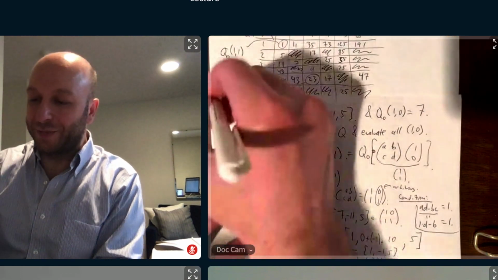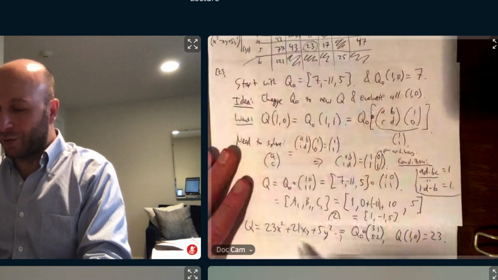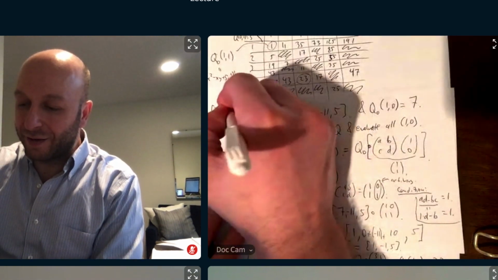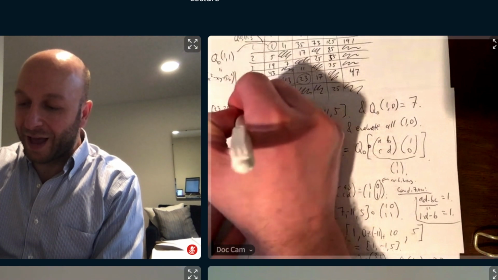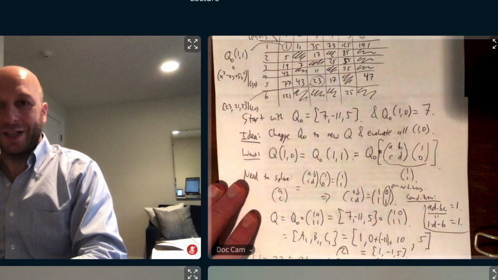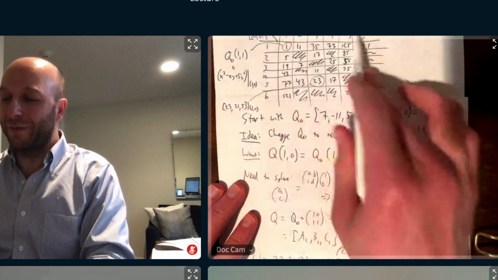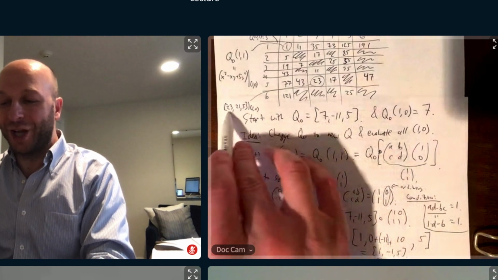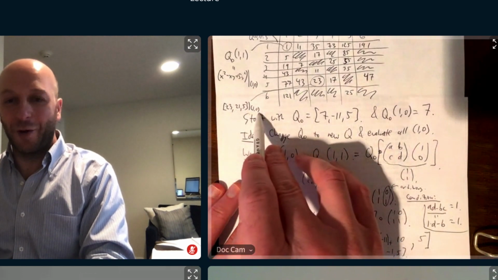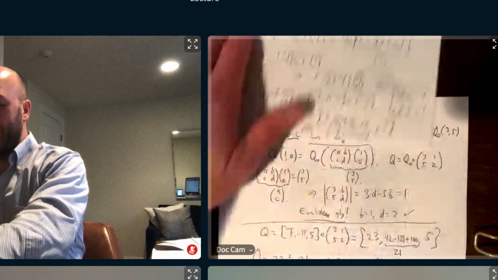So this entry 23 can also be explained as 23, 21, 5, evaluated at 1, 0. So instead of the numbers changing, the 3 and the 5 and so on, we can change the quadratic form and always evaluate it at the same place. That's the first hint of this duality.